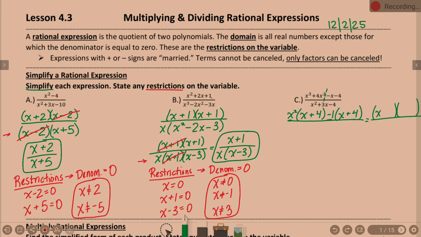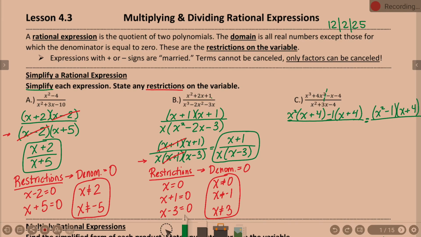So one parenthesis is x squared minus 1. The other parenthesis is your GCF of the matching parentheses. I had matching parentheses, yes? This is why they have to match. My matching parentheses represent my other parenthesis of x plus 4. Okay, so that's where we're at on the numerator right now. Now, before I go any farther, we need to go back and grab the denominator, yes? X squared plus 3x minus 4.